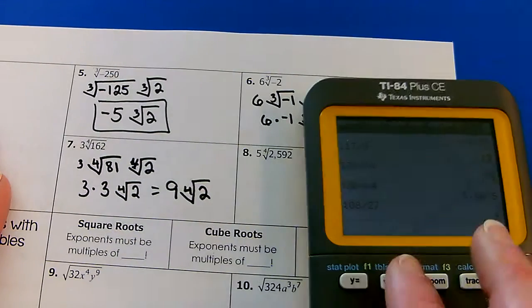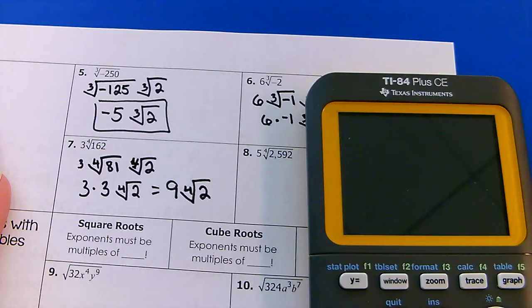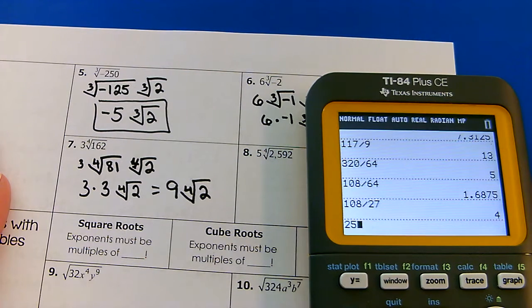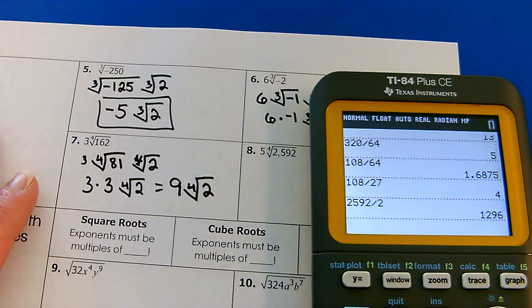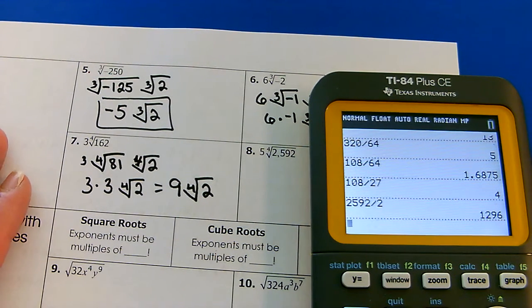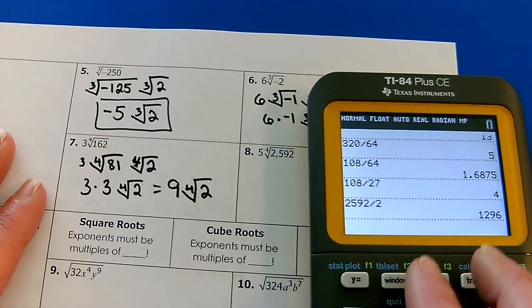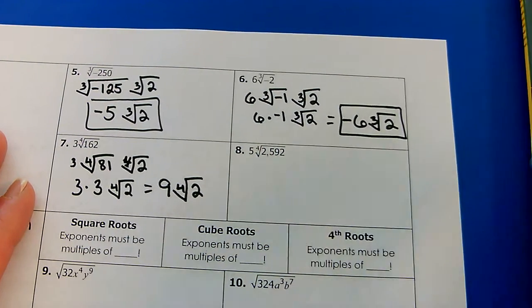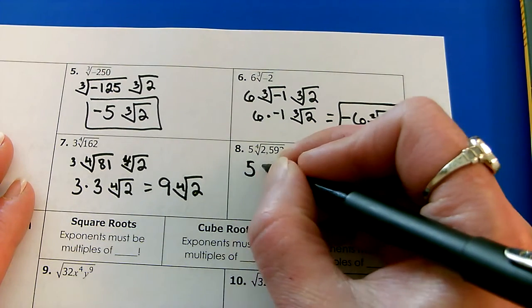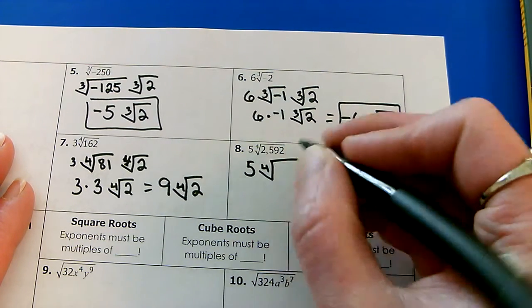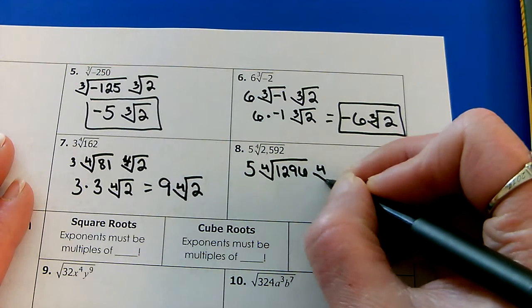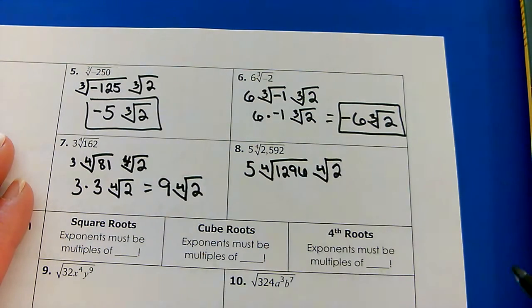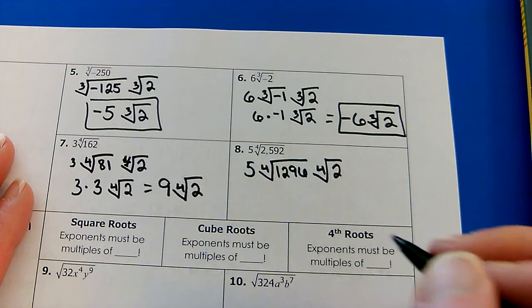2592. I may have to play with this one a little bit. So 2592 divided by 2. I know it's even, so I'm going to start there. 1296. That was on my list. That was the 6 to the 4th. 1296 times 2 is 2592.